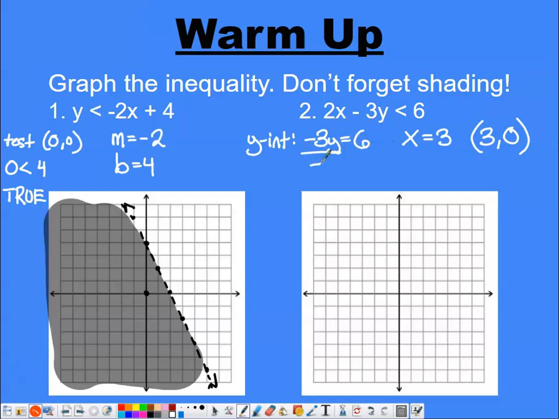And I just go ahead and solve. And I'm left with y is equal to negative 2. So I'm left with 0, negative 2. Okay? I'm going to go ahead and graph those points. So we have 3, 0 over here. We have 0, negative 2 down here. Follow the pattern.